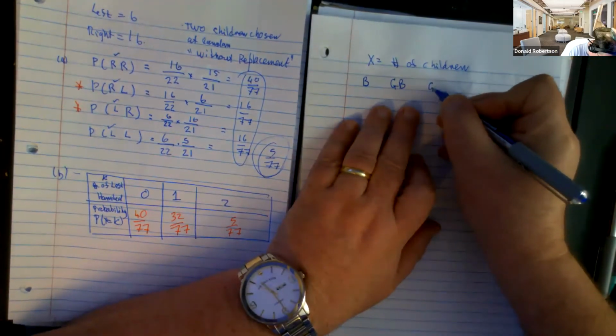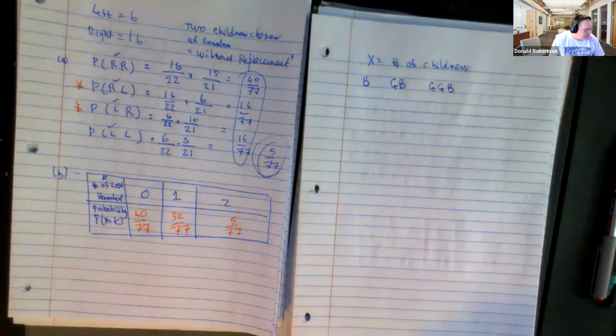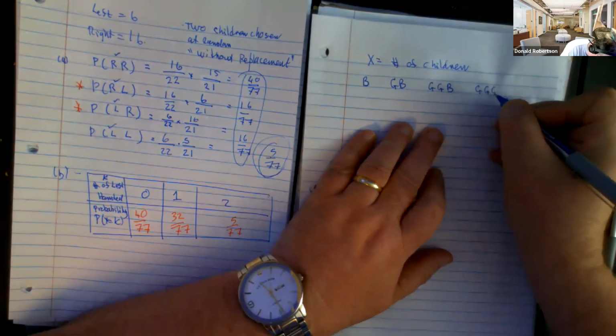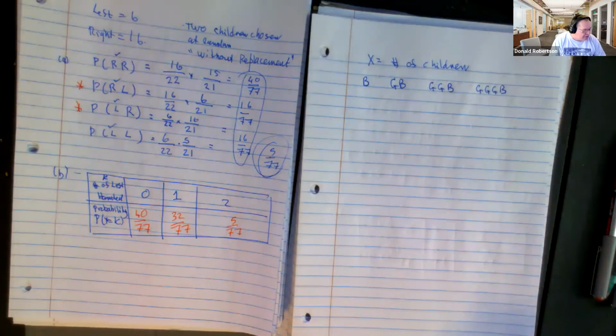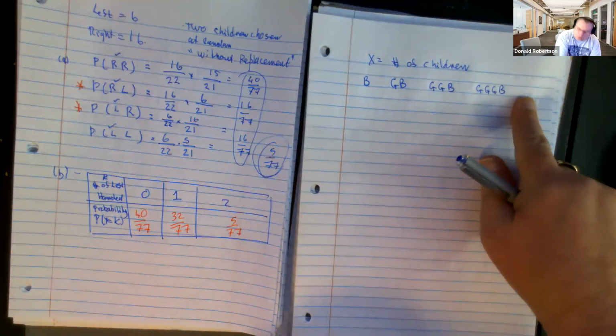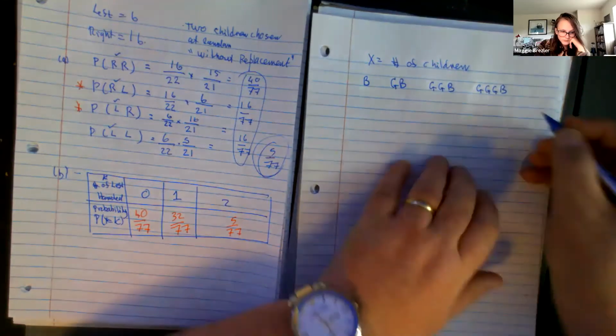Couldn't she have 2 girls and then she gets a boy and stops? Couldn't she have 3 girls and then the 4th one was a boy and she goes, thank goodness for that, and she stops? There's one more event. They gave it to you, but does anyone want to predict what the last event would be? Because there's one more situation. 4 girls. Yeah.